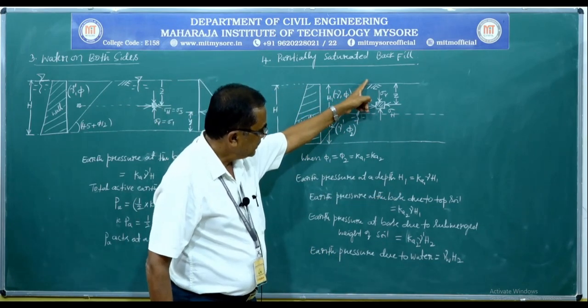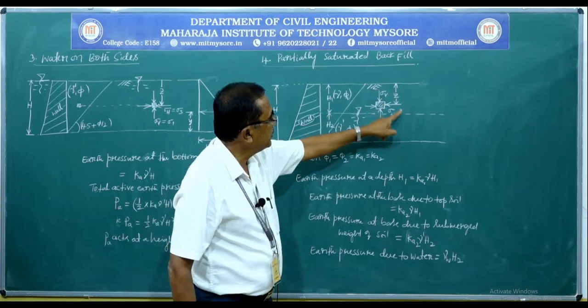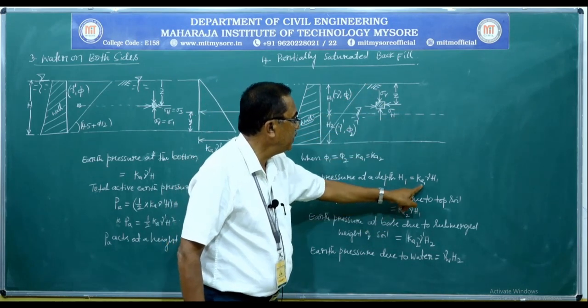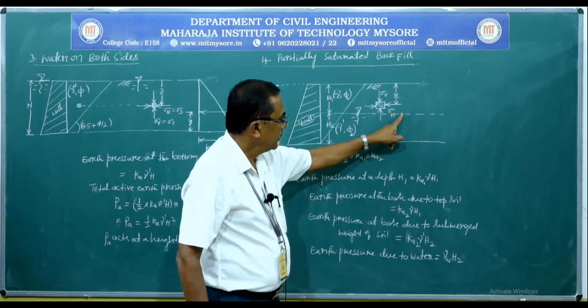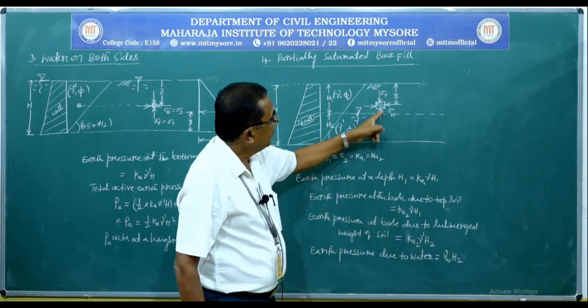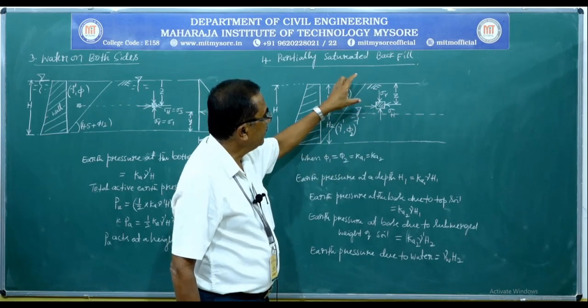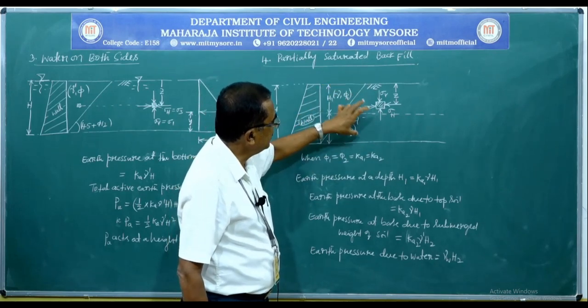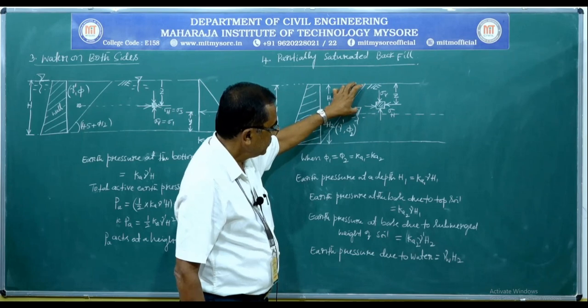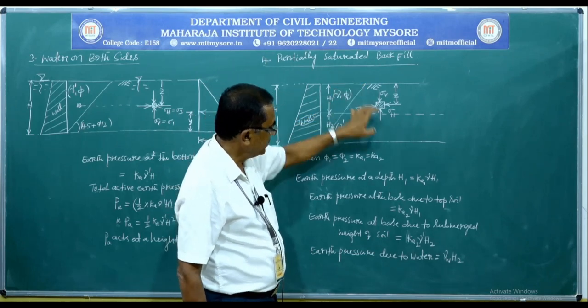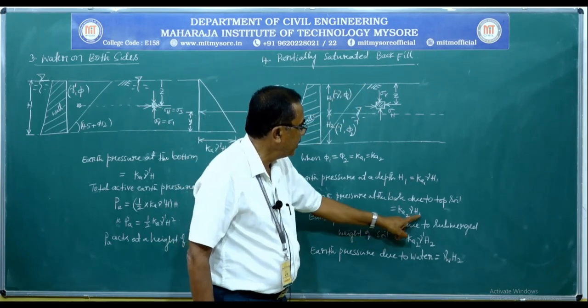Here we have to calculate, see, earth pressure at depth H1 is equal to Ka1 into gamma into H1. Next, second stage, when we calculate earth pressure at the base, we have to consider the surcharge for the bottom layer. So earth pressure due to the top surcharge soil is equal to Ka2 into gamma into H1.